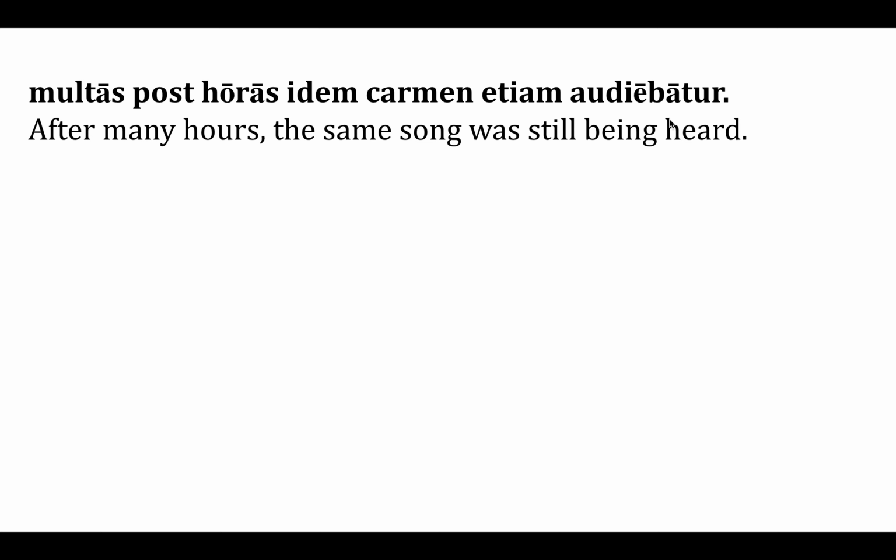Etiam means also or even or still. And then audiebatur. Okay, now the BA tells you this is imperfect tense, and the tur ending tells you that it is passive. So it means was being heard. So the subject now will be Carmen, and the verb is was being heard. So after many hours, the same song was still being heard.